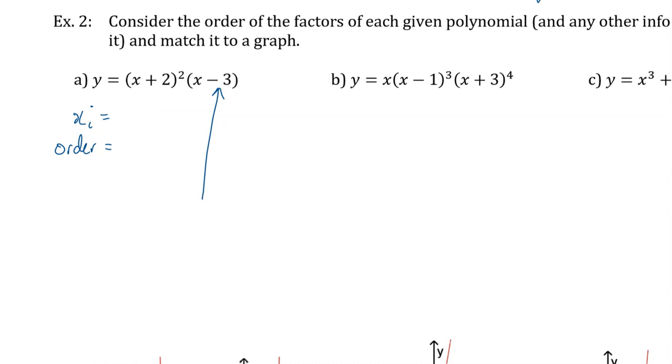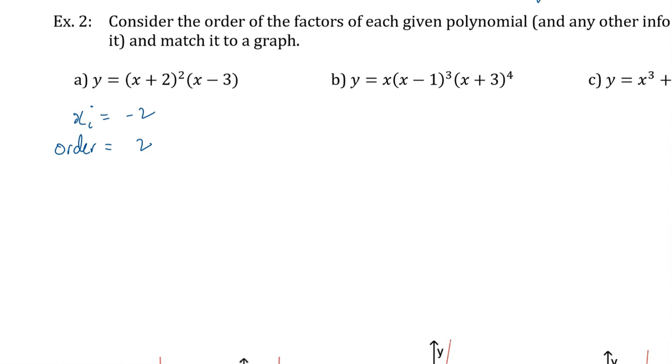And as we saw lots in grade 10 and in grade 11 when we do transformations, when it's in a bracket, it has the opposite effect that you might expect. And so adding 2 is actually shifting left 2. So this is an x-intercept of -2. And its order is the degree of that x-intercept, which is 2.